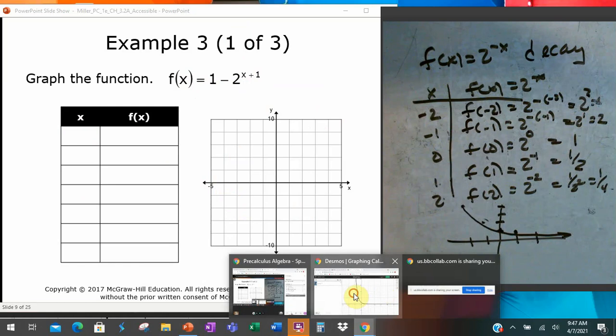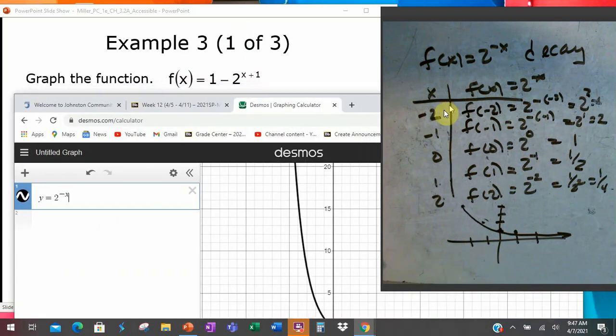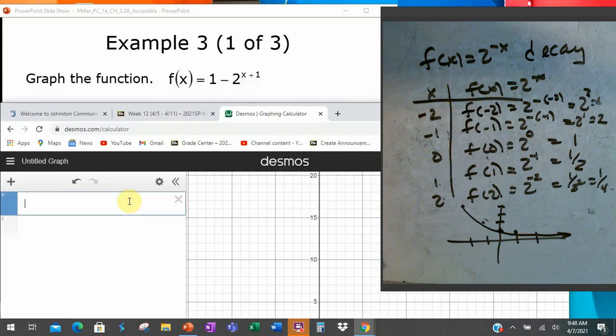I just want to kind of do it through Desmos again and show you that transformation. Y is equal to 1 minus 2 to the x plus, let me put parentheses, x plus 1.